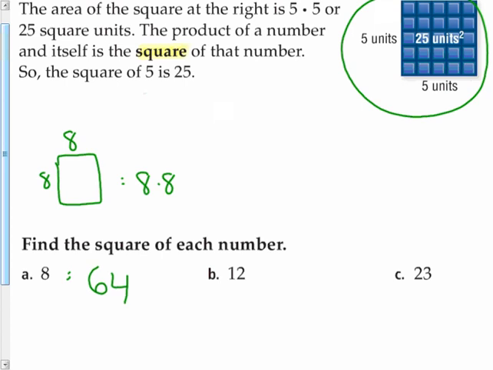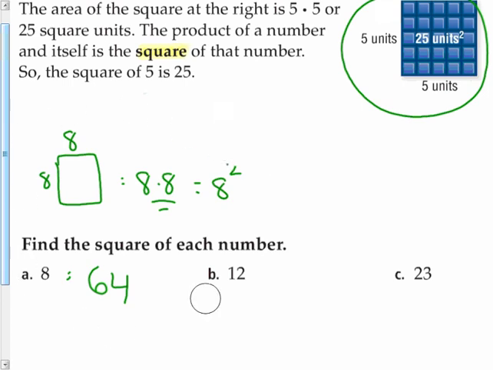Going back to our lesson on exponents, because it's 8 times 8, we can write this as 8 to the power of 2. 8 to the power of 2 is the same thing as 8 squared because it makes an 8 by 8 square. The area of that square would be 8 times 8, or 64.